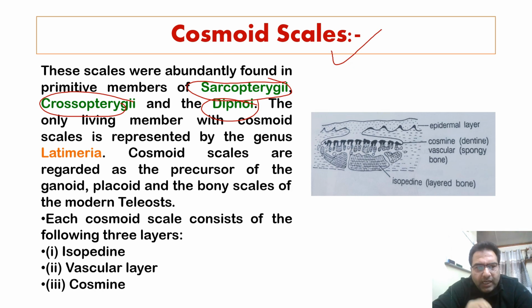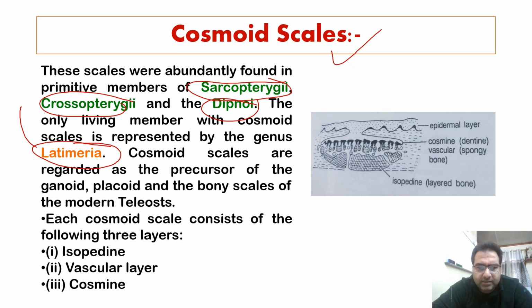The only living member with the cosmoid scale is Latimeria, which I told you earlier as well, that this very Latimeria is also called a living fossil. And the cosmoid scales are regarded as the precursor of the ganoid, placoid, and the bony scales of the modern teleosts. So these very cosmoid scales are regarded as the precursor of these very modern scales.